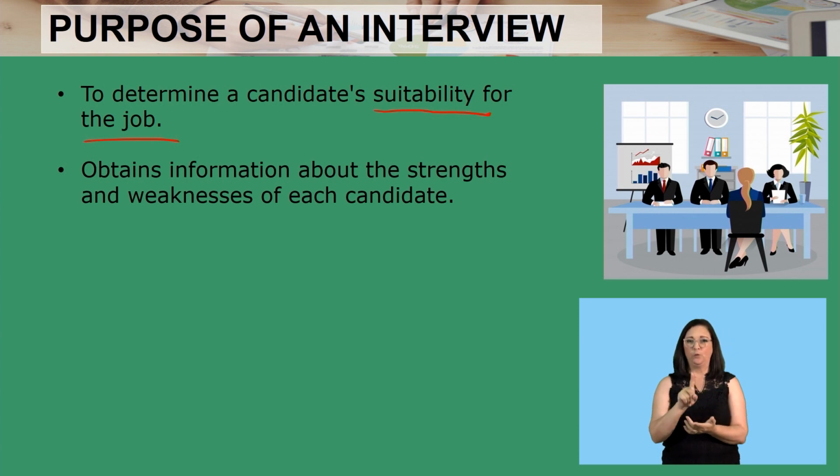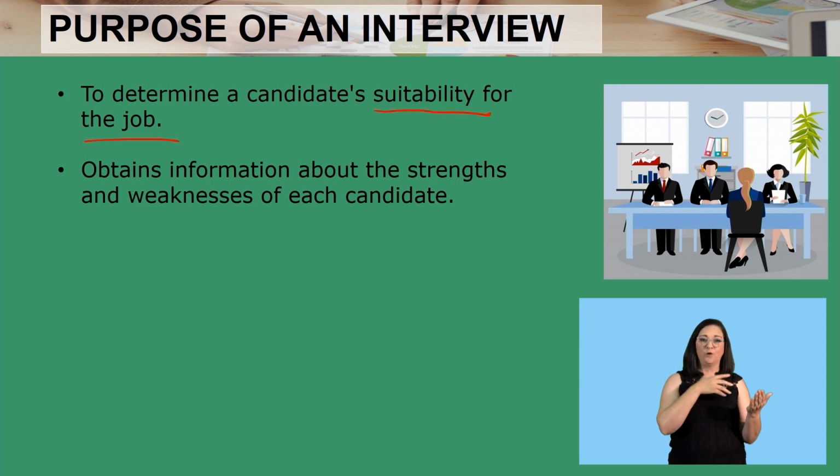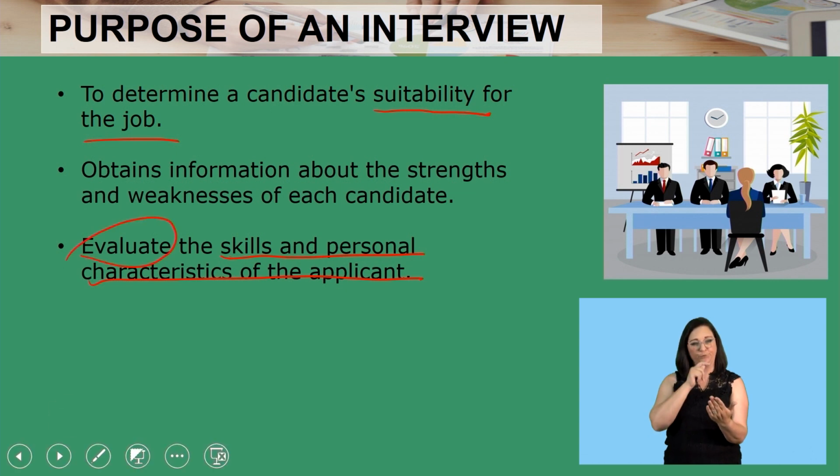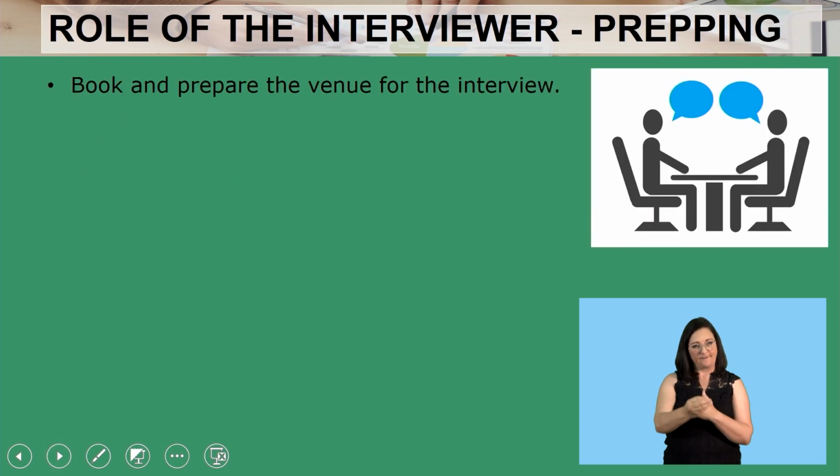Like I said, sometimes you can ask a person to draft a CV for you, and they even lie on the CV. So we want to see if the person on the CV is the same person that we are seeing here in person. Evaluate the skills and personal characteristics of the applicant. So we need to evaluate that when you're here, to check that, yes, indeed, you've got the right skills.